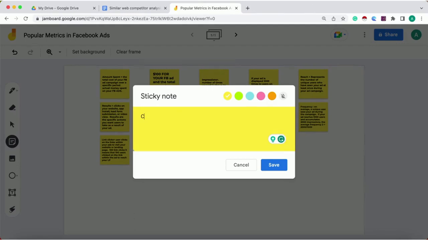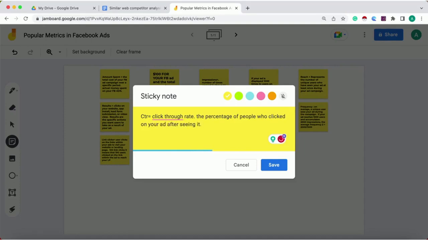And the last popular ad metric is CTR, which is click-through rate. Now this is really important. CTR is the percentage of people who clicked on your ad after seeing it.